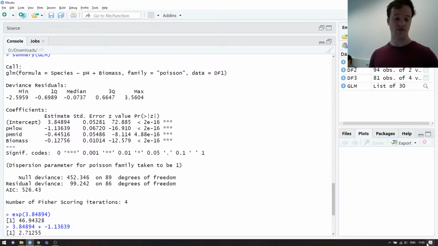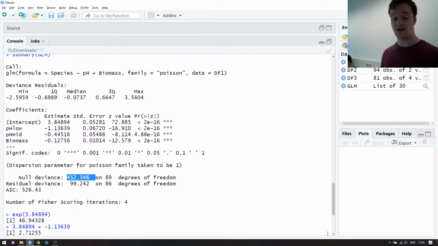Then we see the null deviance. Now again, we see deviance and not variance because we're working with a distribution that's not normal. So the null deviance means if I just fit an intercept, so I'd have no explanatory effects, then this is the measure of dispersion, the measure of variance for the Poisson distribution of 452.